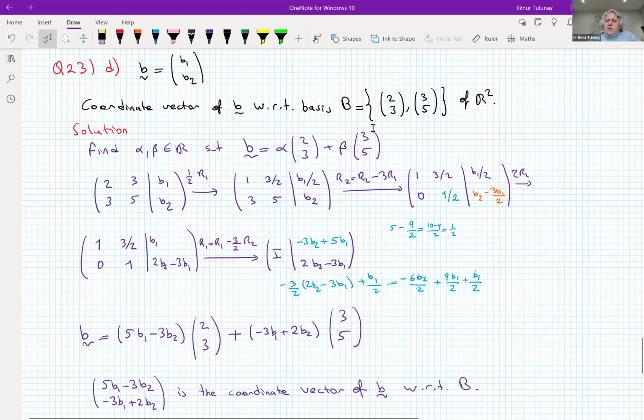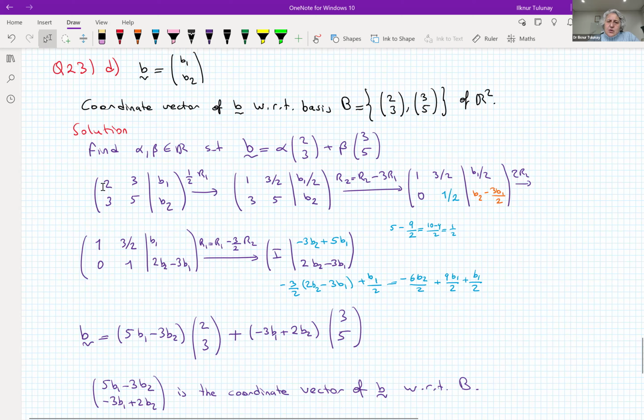So you would like to find the solution of this linear system of equations. You have two unknowns and two equations. So the augmented matrix will be 2, 3, 3, 5, and we have B1 and B2 on the right-hand side. Just applying the row operations.